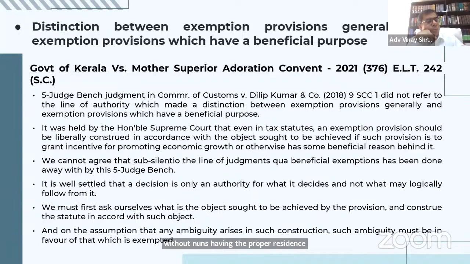So this was construed to be directly connected to the religious activity, and therefore the interpretation was given that the benefit of the residence being used for the residence of the nuns would also qualify for the benefit under the Kerala Building Tax Act.